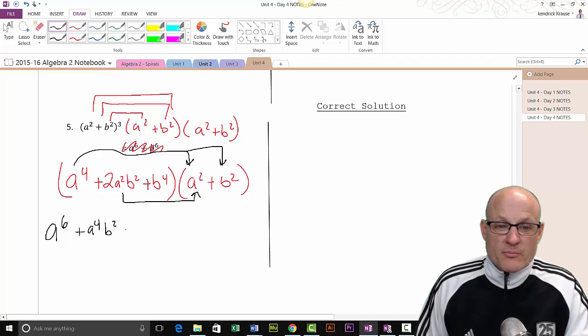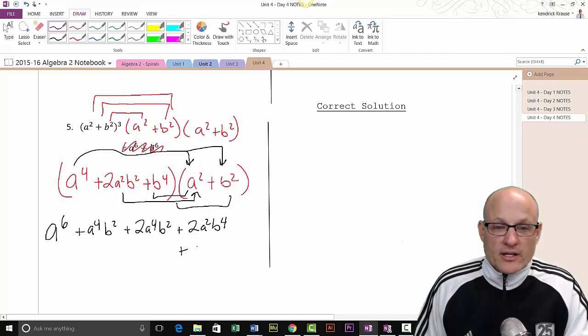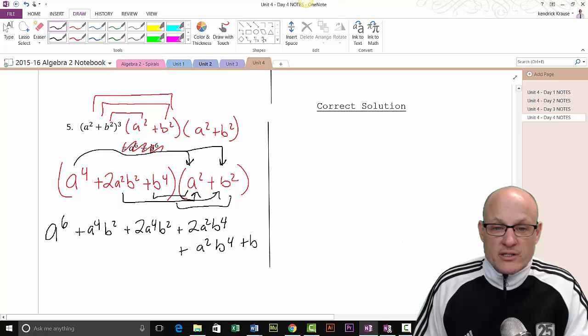So this gives me plus 2a to the 4th b squared plus 2a squared b to the 4th. Now I'm going to do this one. B to the 4th times a squared. So plus a squared b to the 4th. And then b to the 4th times b squared is plus b to the 6th.